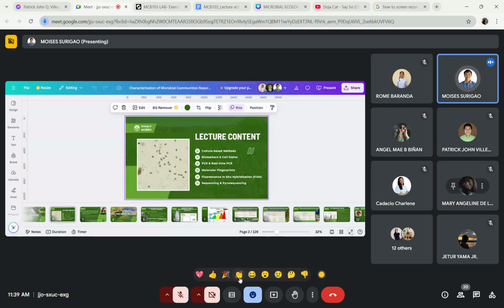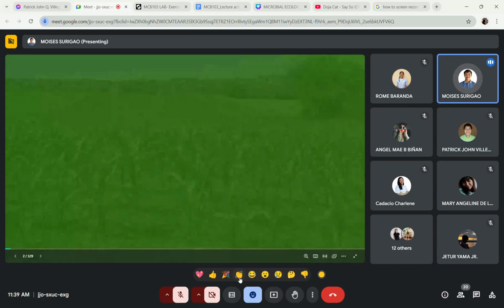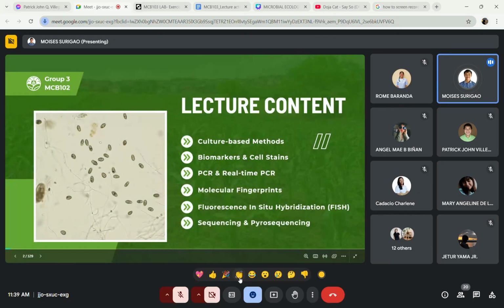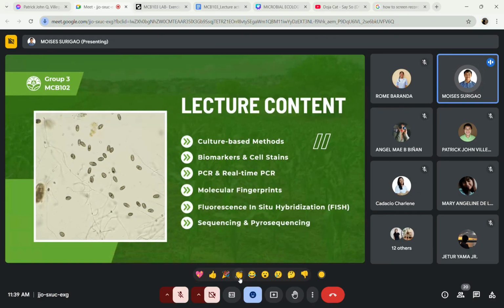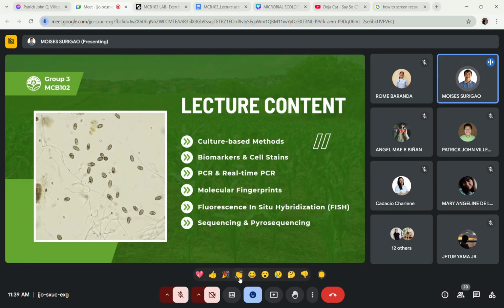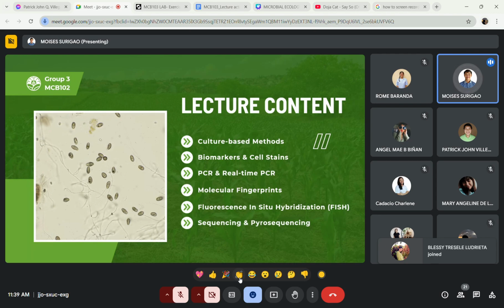So far we have discussed how to study, or how to characterize, the microbial community using varying methods. We have discussed culture-based methods. We also have discussed biomarkers and cell stains, PCR and real-time PCR, and we have finished discussing molecular fingerprints.